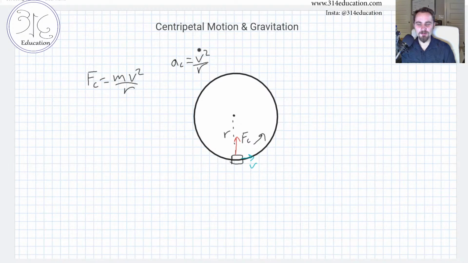If we use this as centripetal acceleration, we can really just write this as Newton's second law again. Our net force in the centripetal direction is equal to our mass times our centripetal acceleration. Now, we threw out a little term there without thinking too much about it: in the centripetal direction.